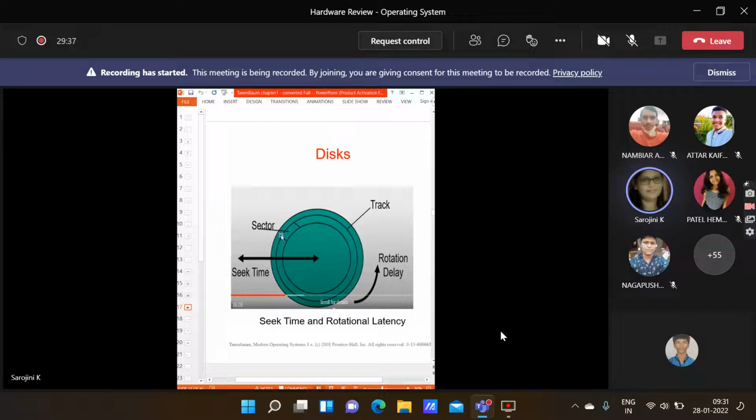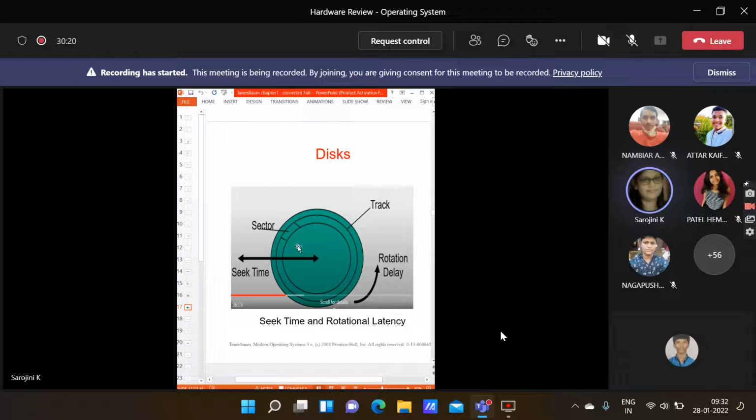Now suppose I want to read data from one particular sector. Currently the read-write head will be in some position. For example, I want to read some data in track number 10, but the current position of the read-write head is track number 18. So when I want to read or write, I have to first position the read-write head in an appropriate place.